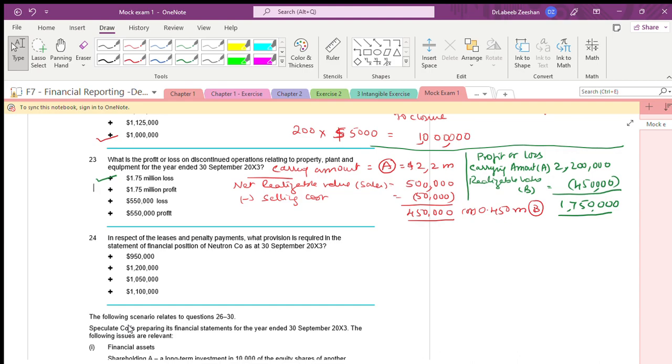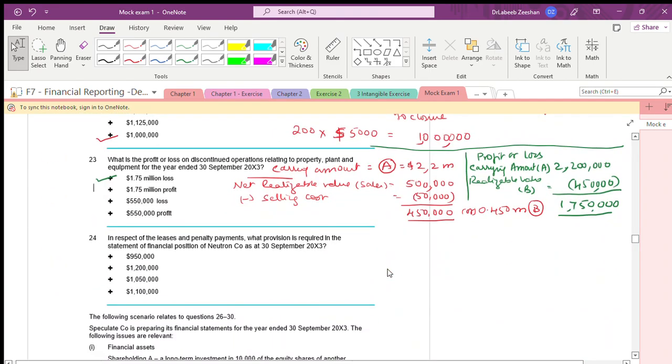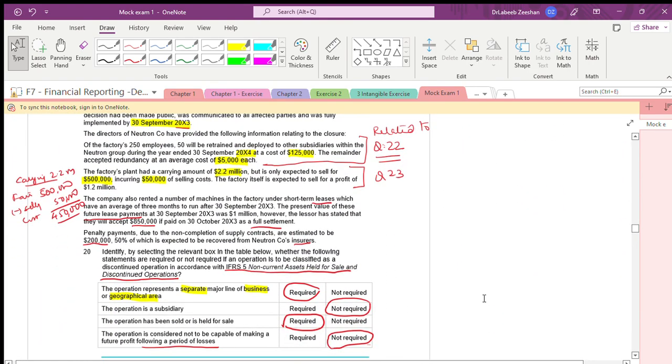In respect of the lease and penalty payment, what provision is required in the statement of financial position of Neutron company as at 31st December? It is question number 24.